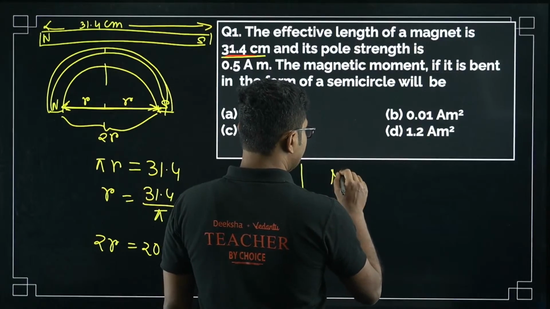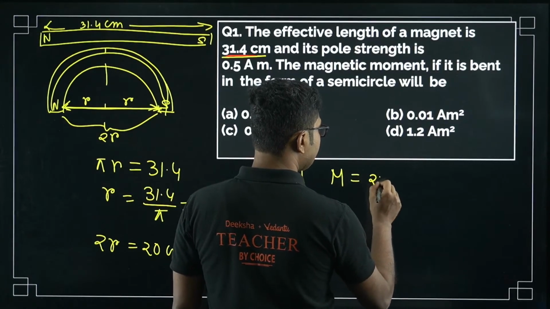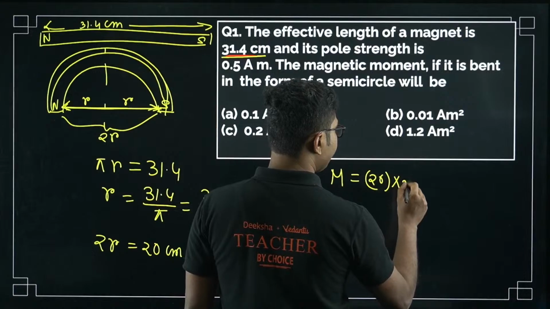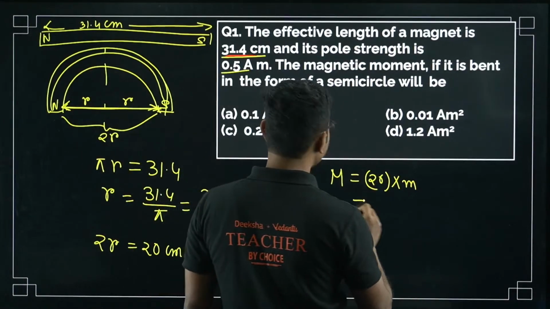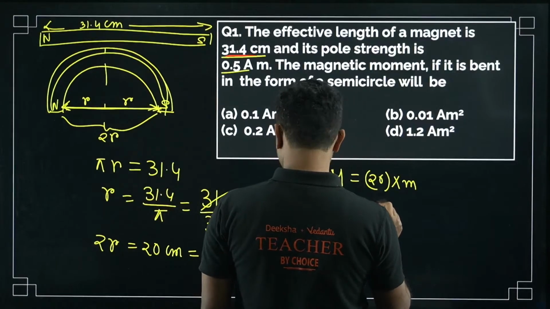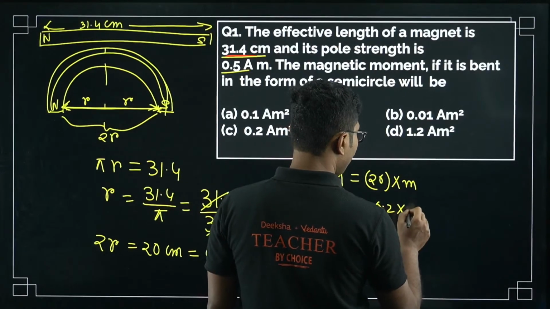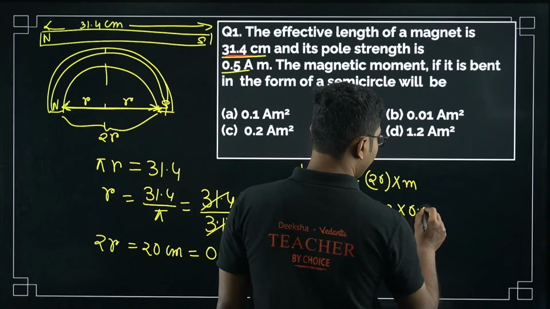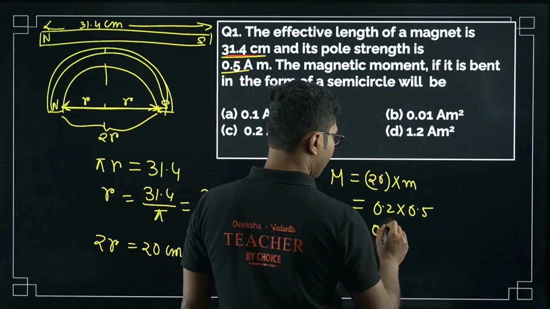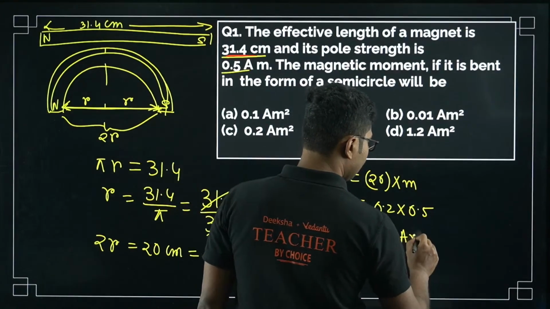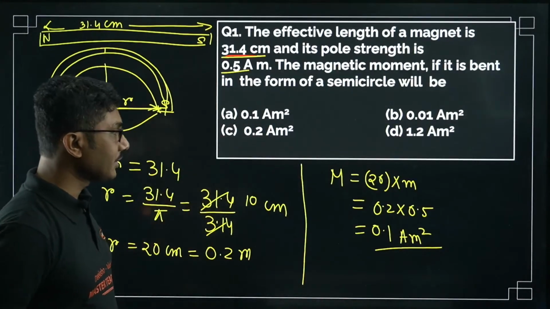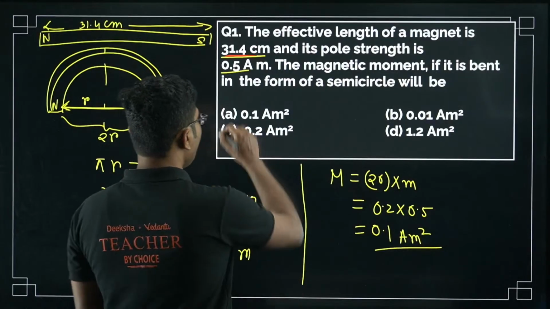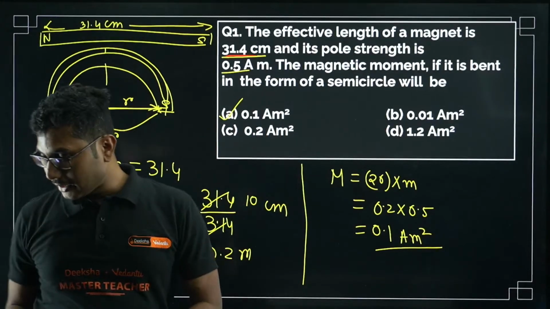Magnetic moment is basically given by the distance times the strength of a single magnetic pole. The pole strength is given as 0.5, so it is 0.2 into 0.5, so that will be 0.1 ampere meter square. So this will be the answer to this question. Option A is the correct answer.